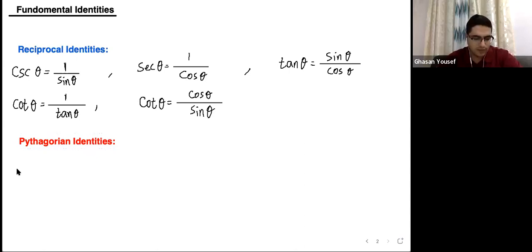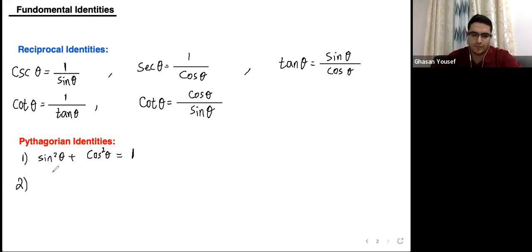Number one is sine squared of the angle plus cosine squared of the angle always equals 1.